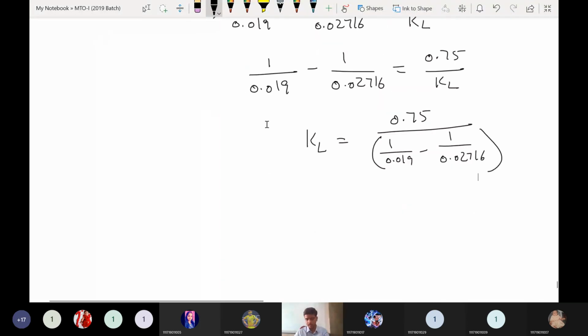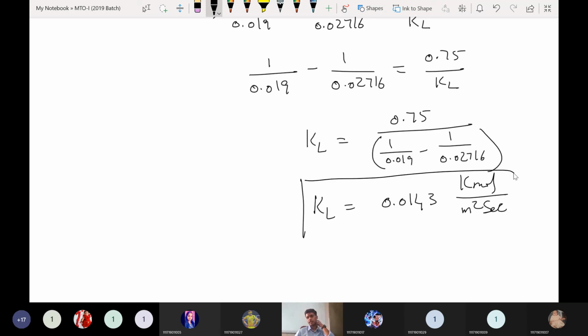You will get the answer nearly: KL is equal to 0.0143 kilomole per meter square second.